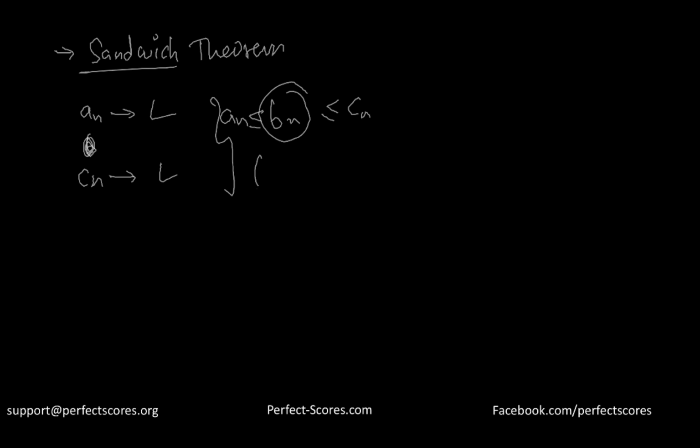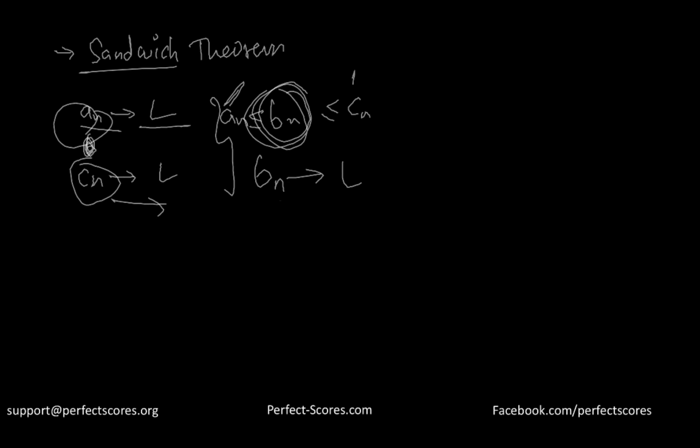Then this Bn is also going to converge to that constant because it's going to get sandwiched between An and Cn. So if there is a sequence An converging to a constant, a sequence Cn converging to the same constant, and a sequence Bn which is between An and Cn, then Bn is always going to converge to that particular constant.